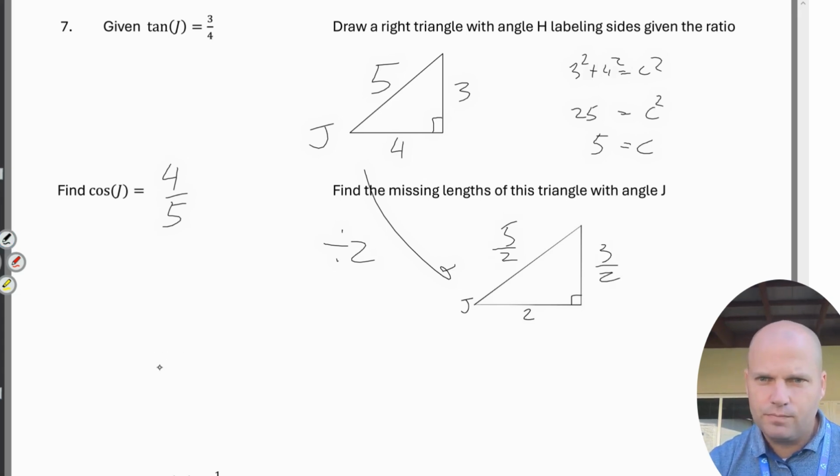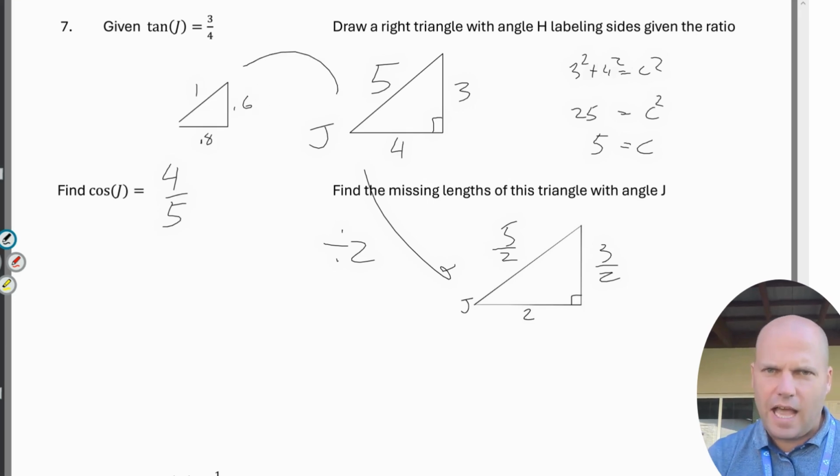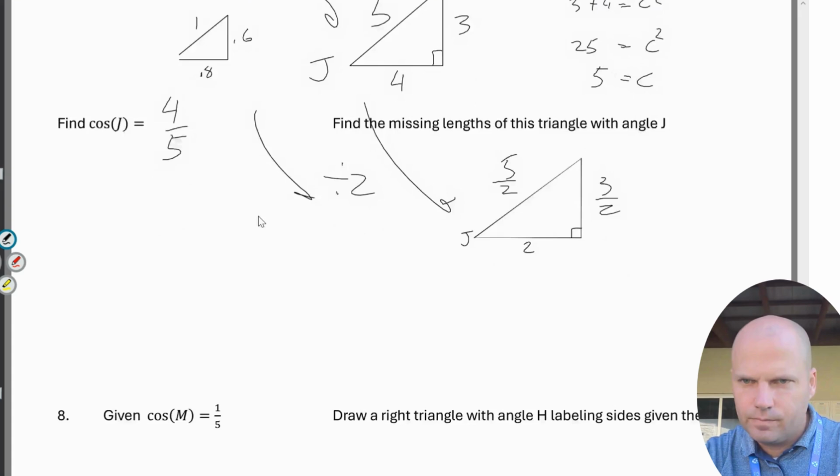You could have also taken this triangle and divided it by 5. One, 4/5, 3/5. Great. That could be scaled, that could be scaled. They're all similar.